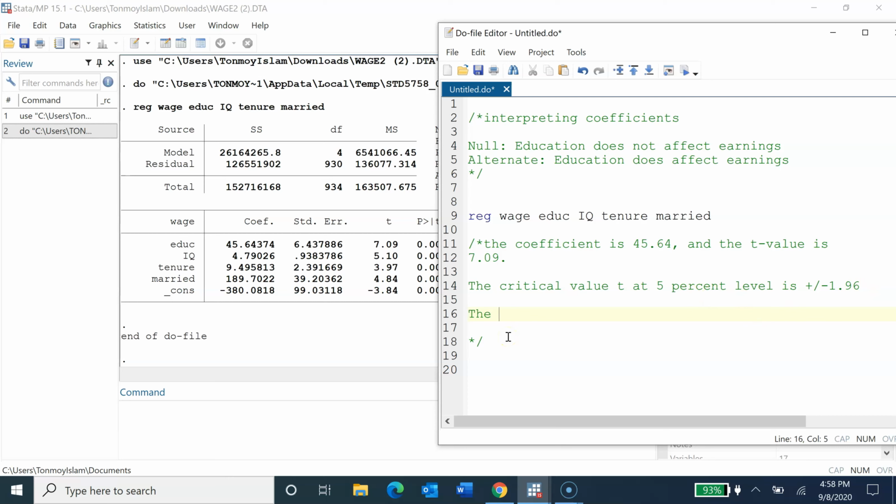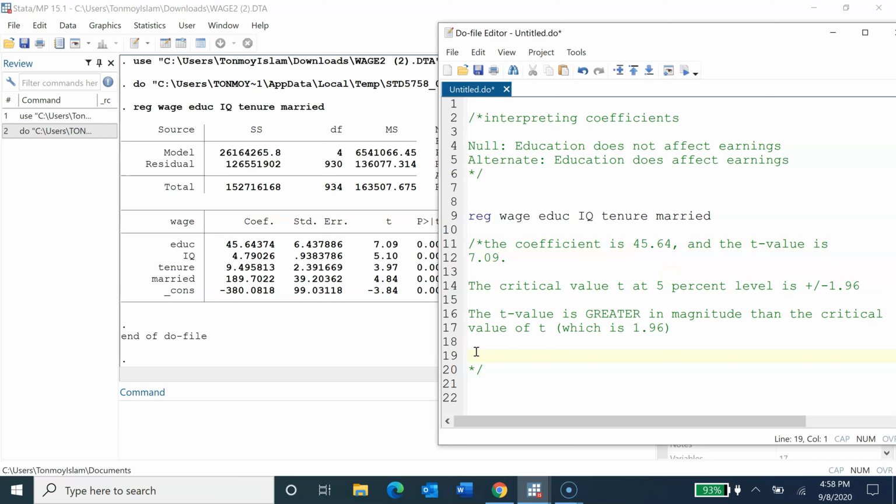So the t-value is greater in magnitude than the critical value of t, which is 1.96. I'll put that in parentheses. Therefore, we can say that this coefficient, 45.64, is significantly different from 0.